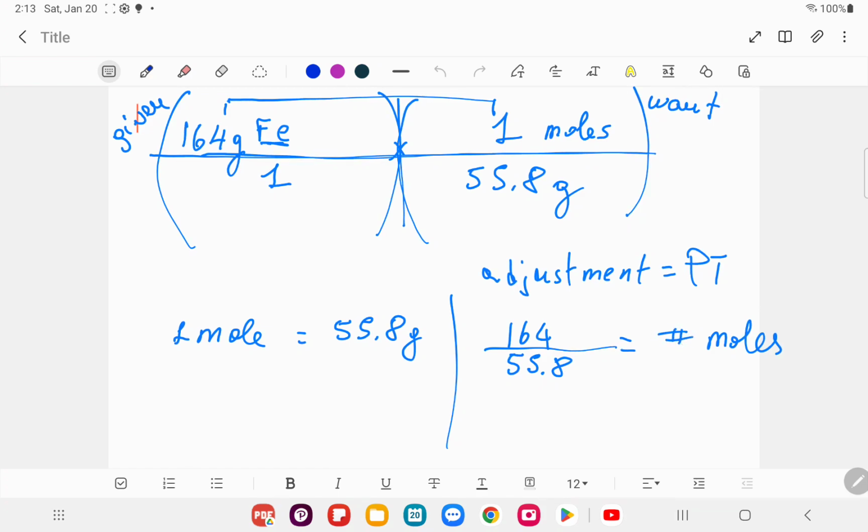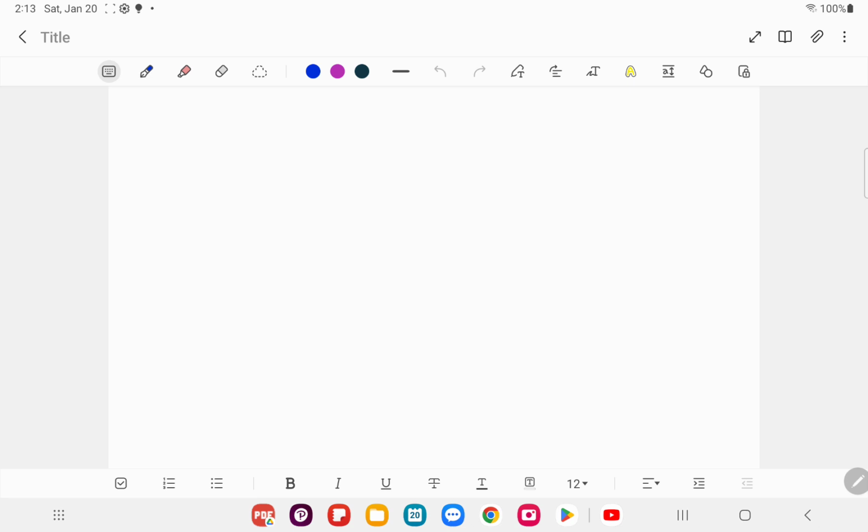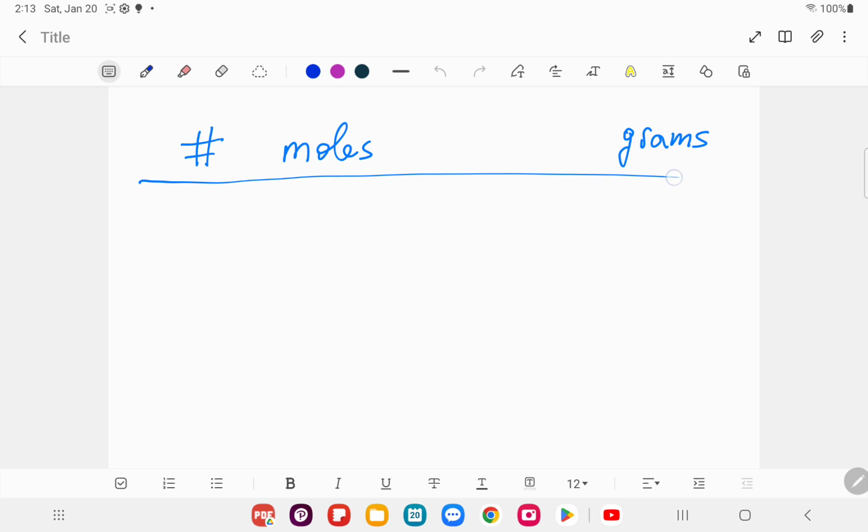So in summarizing, if I give you moles and I want grams, this is the number of moles that I gave you. Whatever number of moles I have, you do this fraction line, and because this is your adjustment, you will have 1 mole is the same as the numbers the periodic table tells you.